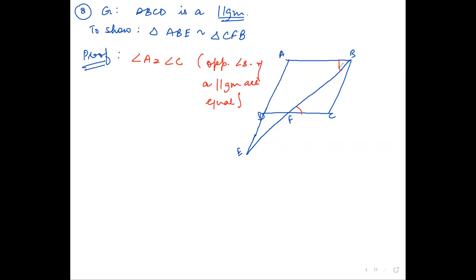Like if AB and DC are parallel lines, so BE is a transversal. Yes. EB is the transversal, which is cutting the lines AB and CD. Yes, I think it's right. Rida, what do you think? Is it right? Yes, ma'am.